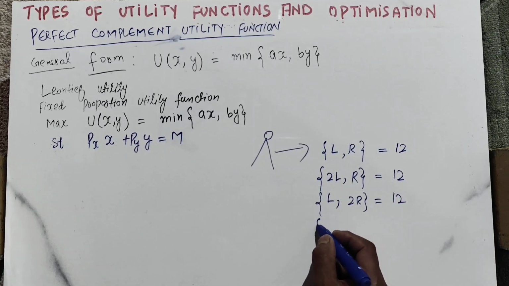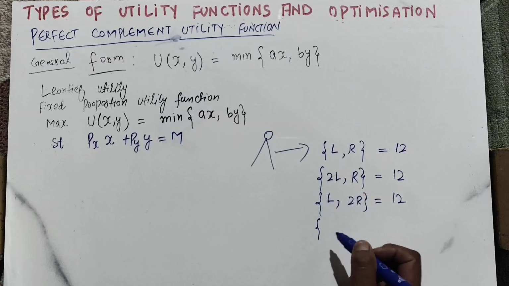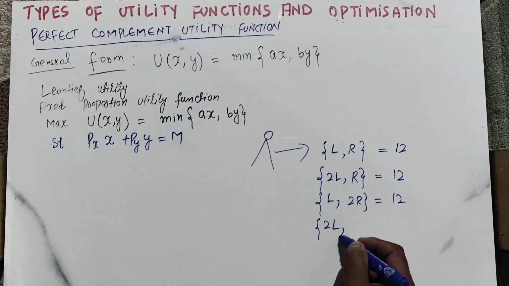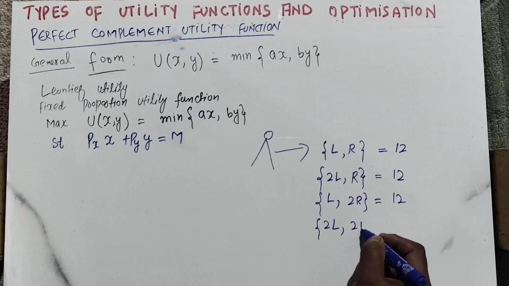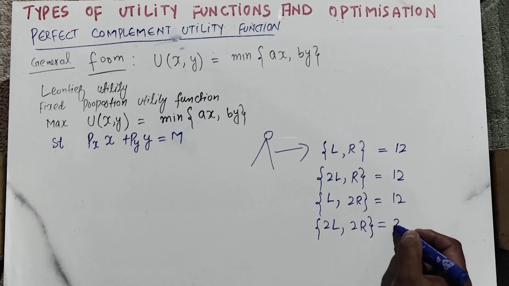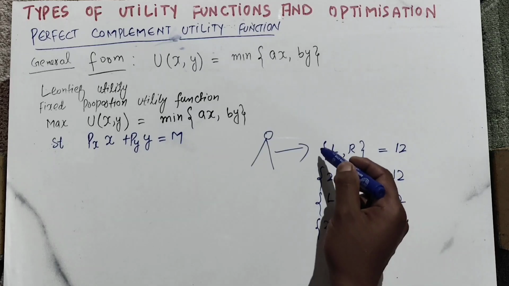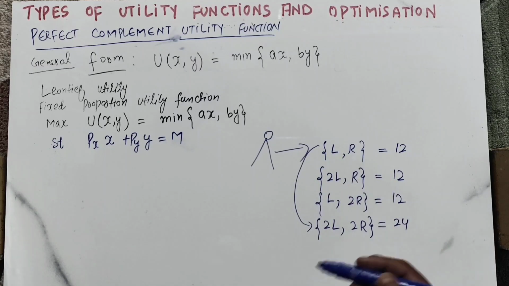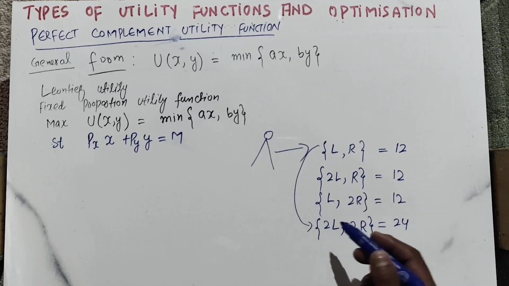But if he doubles the left shoe and doubles the right shoe, in this case his utility will change to, let us say, 24. So the consumer's utility will only change when he increases the consumption of goods in a fixed proportion.